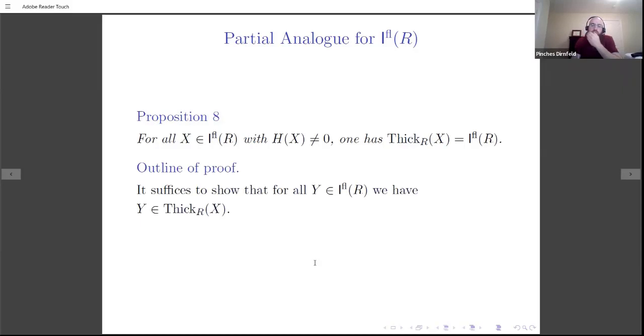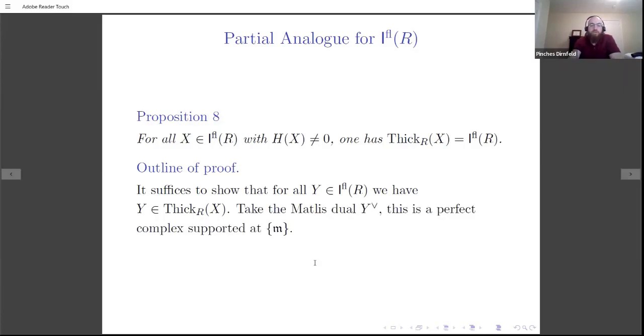In the outline of the proof, clearly we have already seen that D^fl(R) is a thick subcategory and X is in D^fl(R), so clearly thick X is contained in D^fl(R). So we only need to show that for every Y in D^fl(R), Y is in the thick subcategory generated by X. The way we prove this: take the Matlis dual. Now this is a perfect complex that is supported at m.